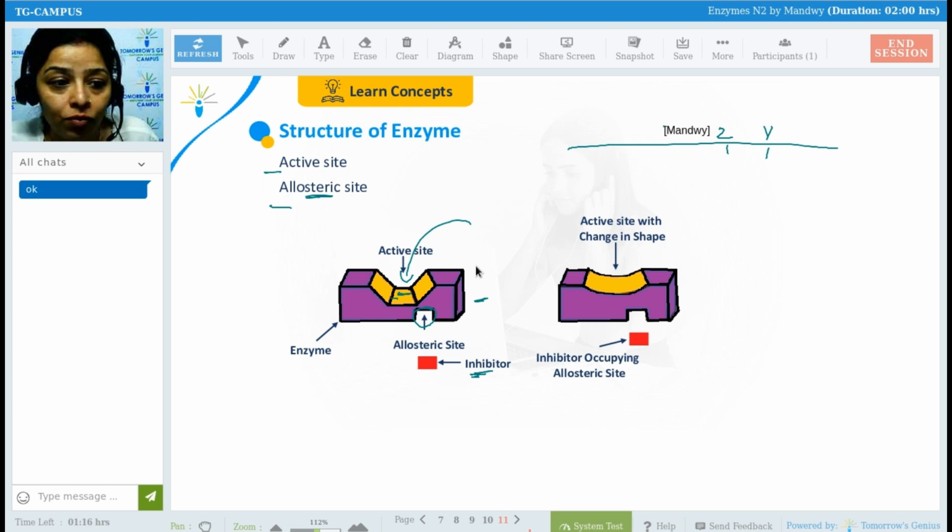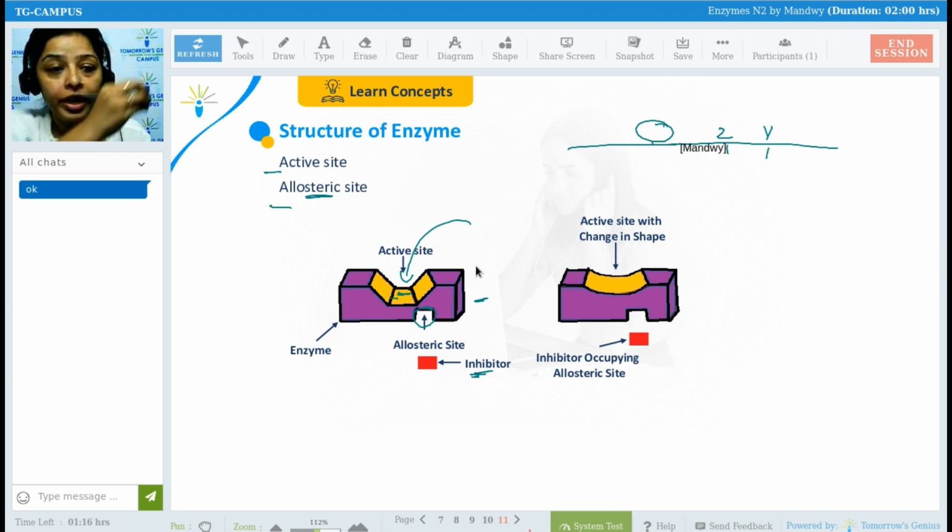RNA polymerase, which is the enzyme, will come and bind, read the DNA and make the RNA from the DNA. But when the lactose comes and binds to that particular enzyme, then what will happen?